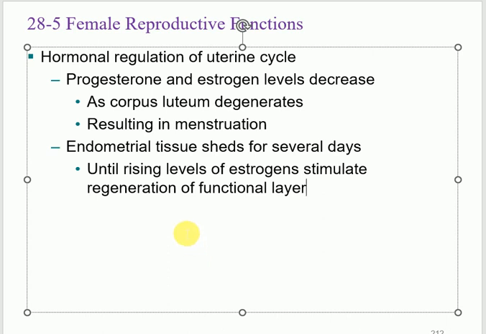It will continue to shed off for a couple of days, can be like 3 to 5, sometimes more, sometimes less, but this is the average, 3 to 5 days. After which there is no functional zone anymore, and the cycle will repeat itself.